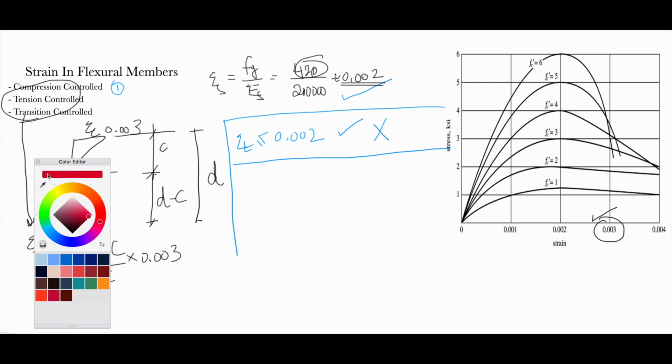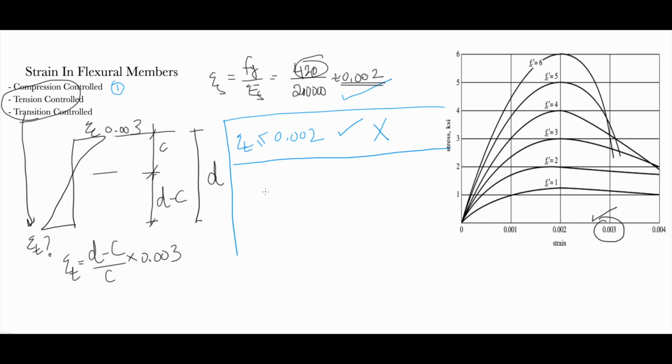Alright, going to the next one, number 2: tension control. Tension control is the one that we design our beam for.